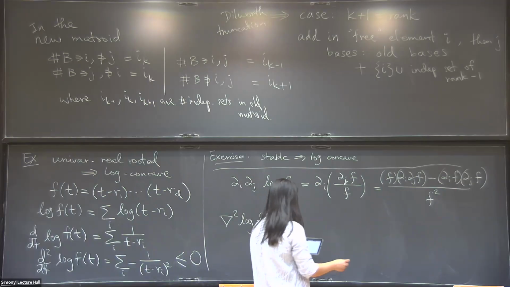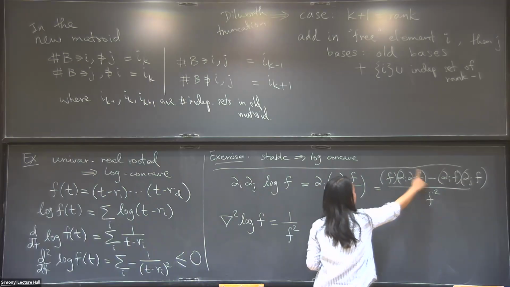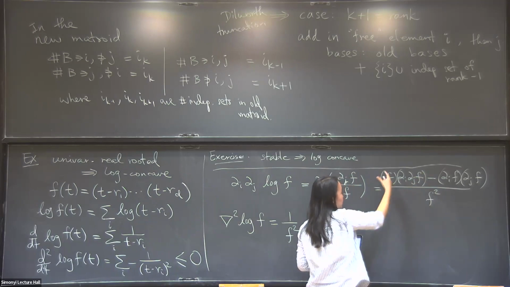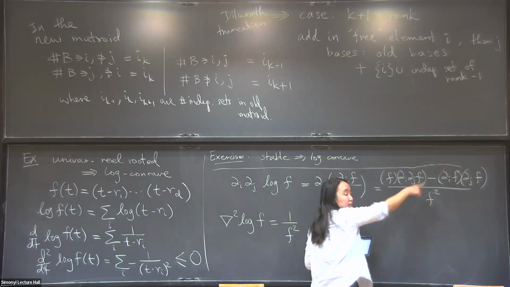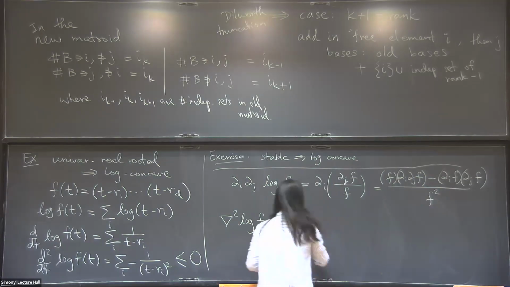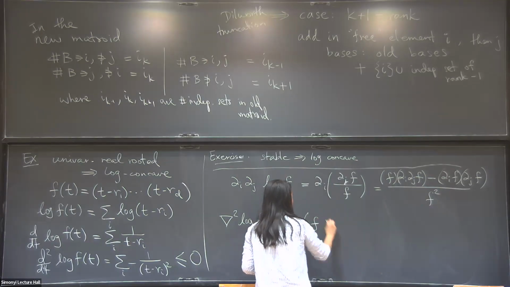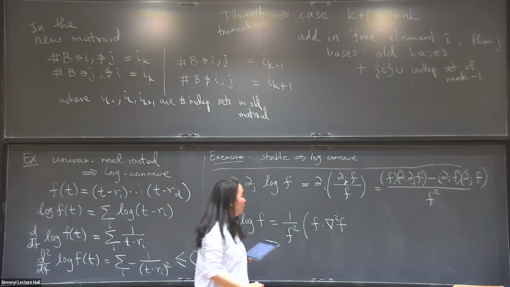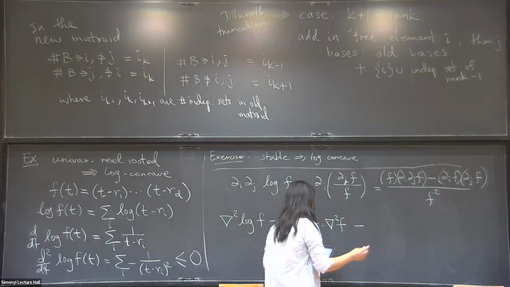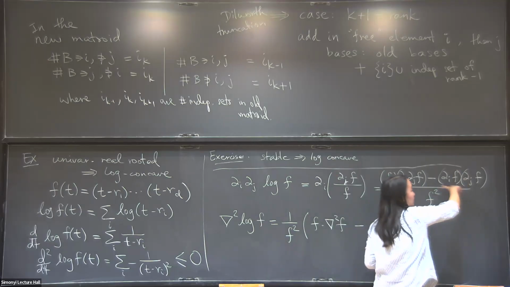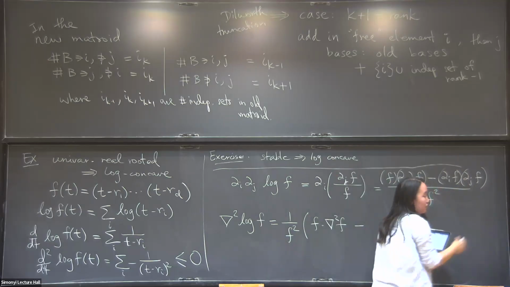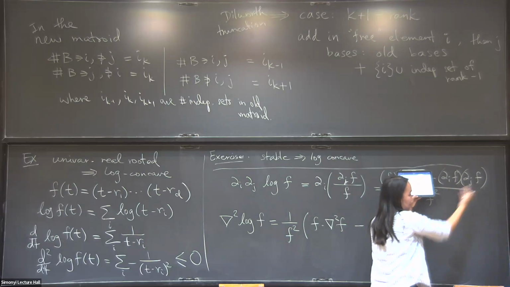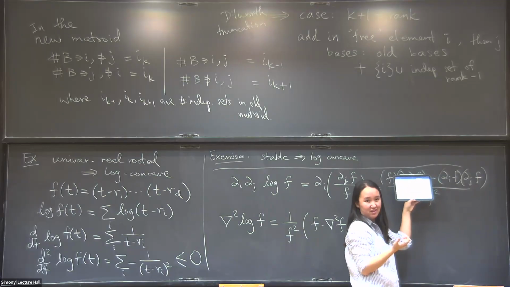And then the first thing is f, which is a scalar, times the Hessian of f itself, without the log. And then the second thing, what does it look like? Look at the second part only. What is this matrix?